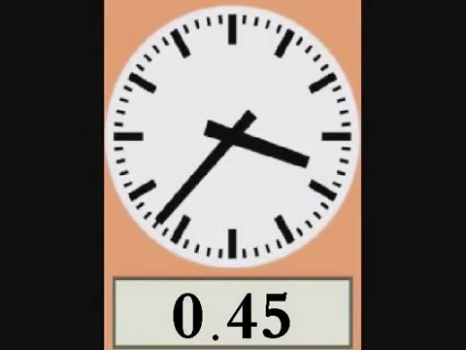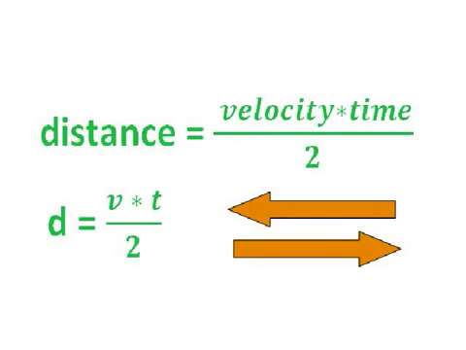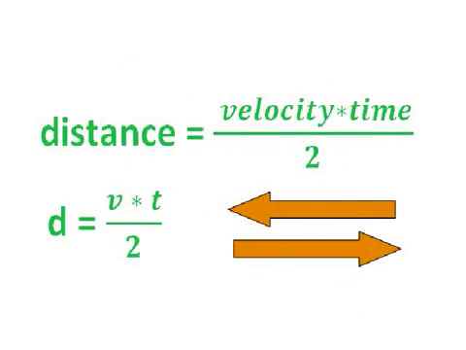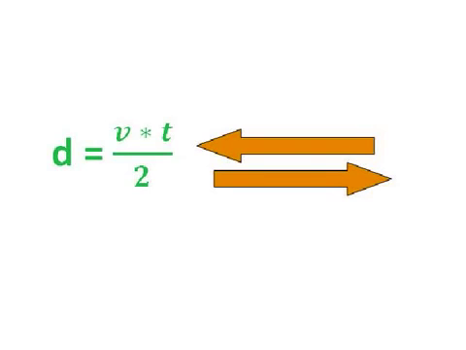Their timing device reports that the total travel time is 0.45 seconds, but they only want to measure the reflective time, so they divide their total travel time by 2. Going back to the formula, capital D equals V times T, they now must account for the two-way travel time, so our formula will read small d equals V times T divided by 2.